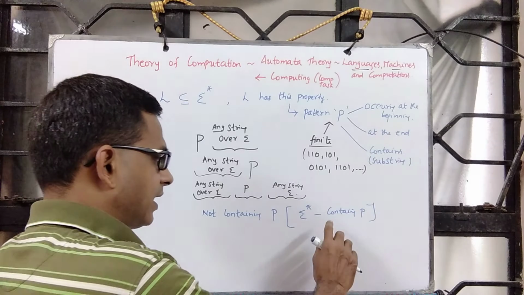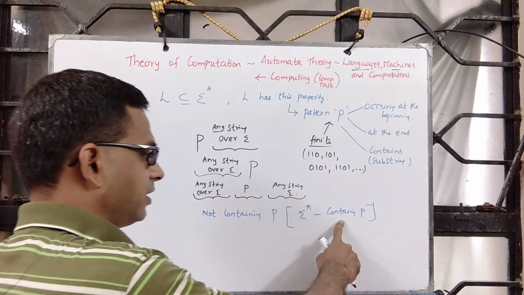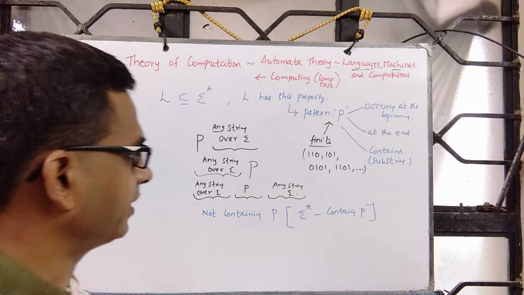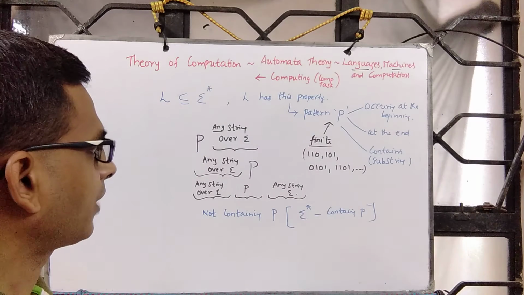That way things that are accepted by this will be rejected and rejected ones will be accepted by this automaton.